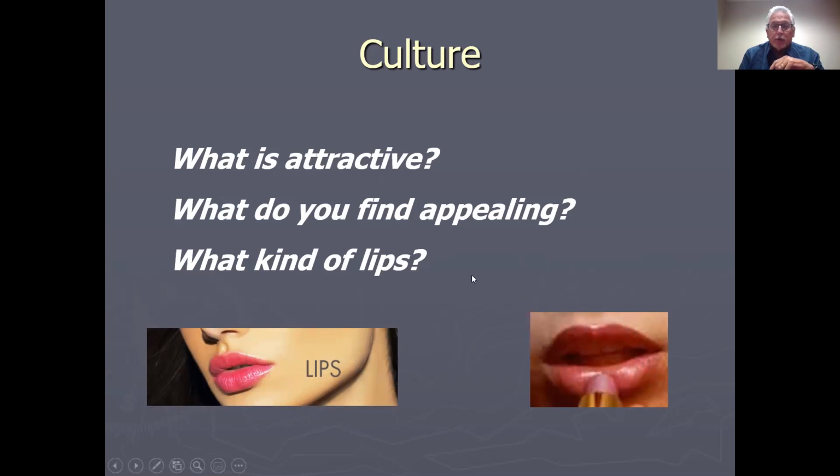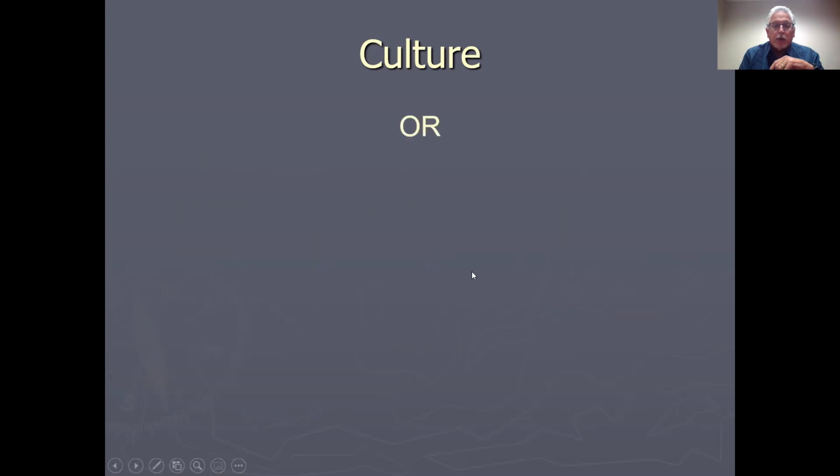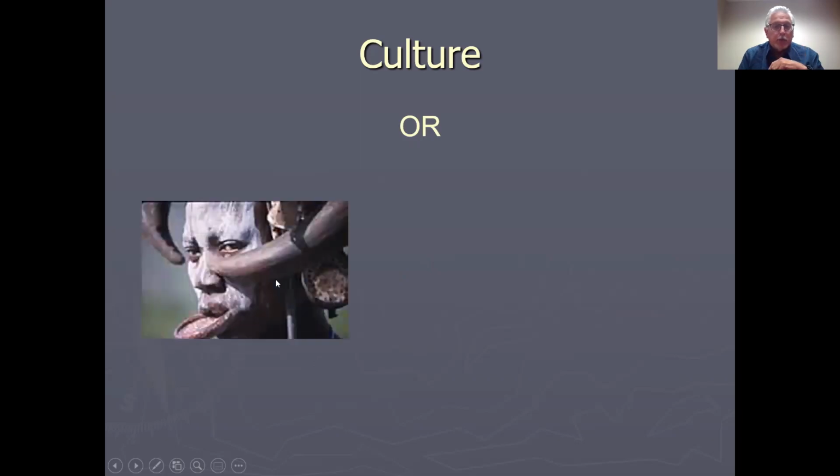Well, not every culture is like that. So, on the other hand, if you went to certain cultures in Africa, they have a different view of what's beautiful. Example, here you see lip plates, what they're called lip plates. In some cultures in Africa, this is a part of them beautifying themselves, making themselves attractive.